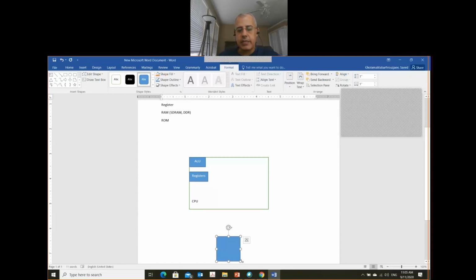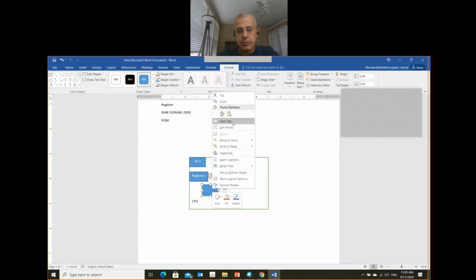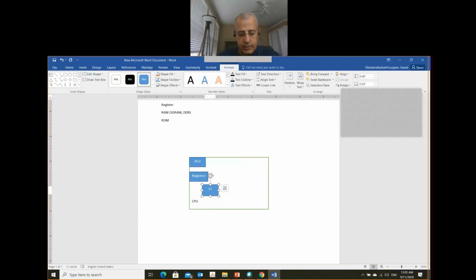And inside the CPU we have another type of memory, which is a kind of fast and very expensive type of memory called cache. And we have three levels of cache: L1, level 2, and level 3.